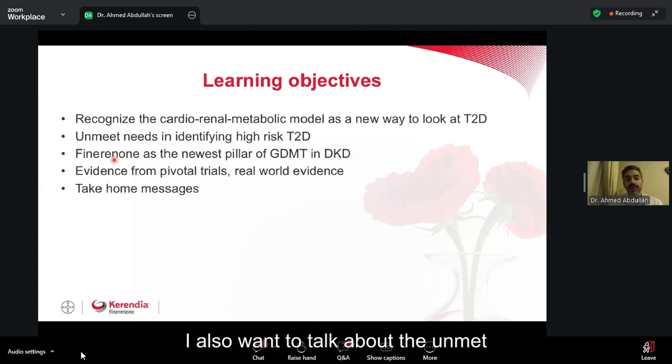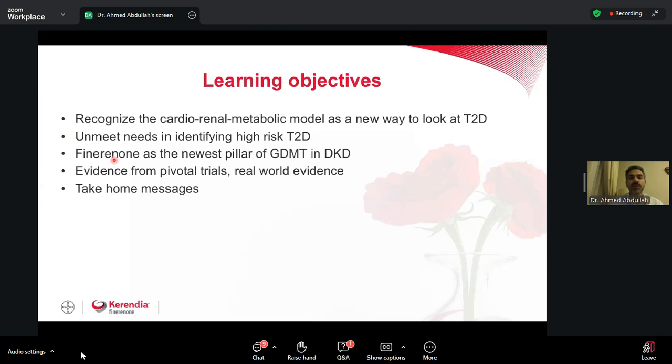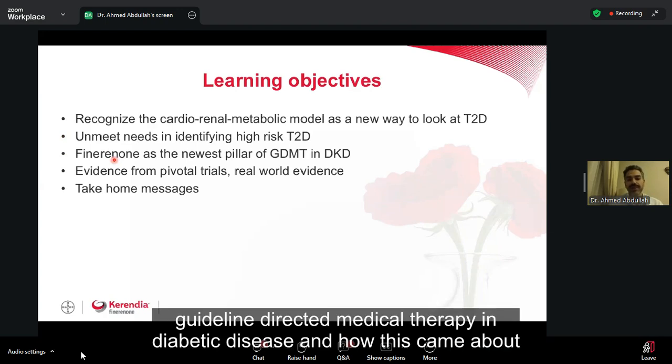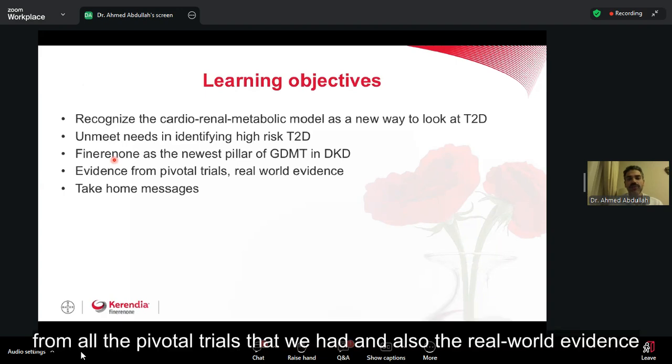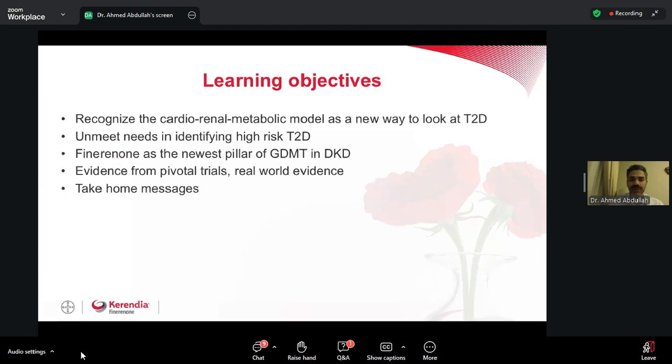I also want to talk about the unmet needs in identifying patients at high risk, and then move on with the topic of this talk, which is finerenone as the newest addition to the guideline-directed medical therapy in diabetic kidney disease, and how this came about from all the pivotal trials that we had and also the real-world evidence. And then I will end with take-home messages.